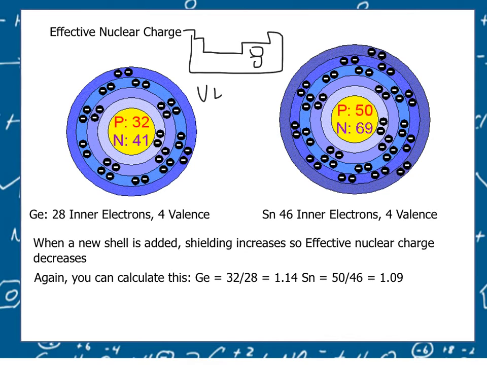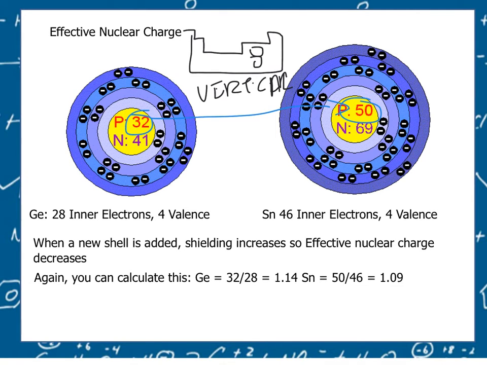So we're making a vertical comparison. All right, so let's look at our differences. Our protons have increased. So attraction has gone up.